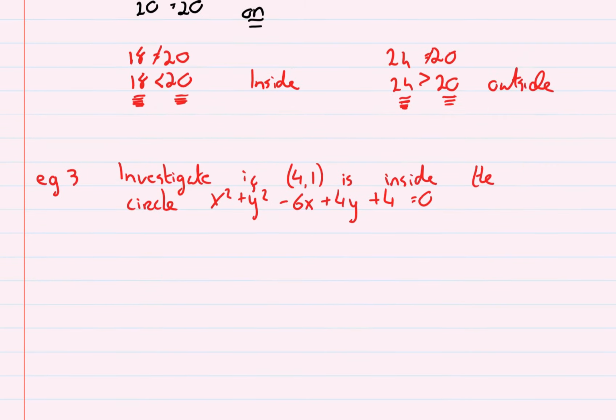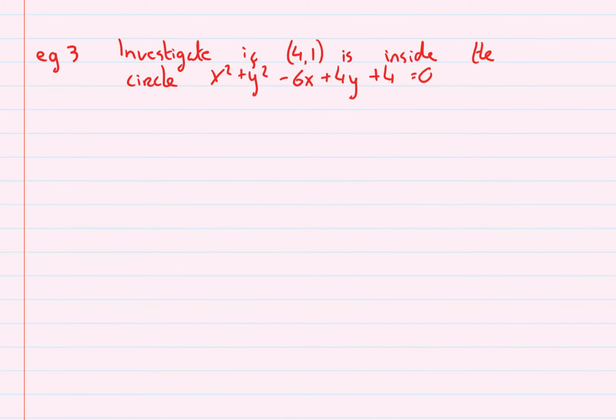Okay, last one. Investigate if the point 4,1 is inside the circle x squared plus y squared minus 6x plus 4y plus 4 equals 0. Okay, so we have the equation of a circle in general form. If it's in general form, we notice that we don't really have a radius there.